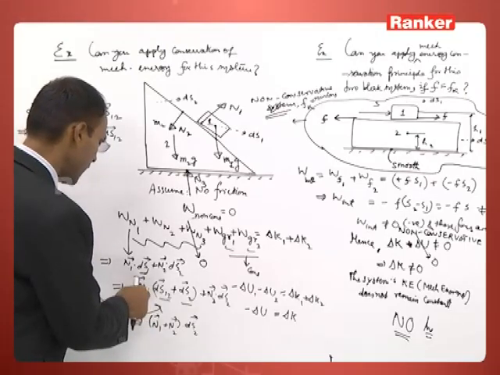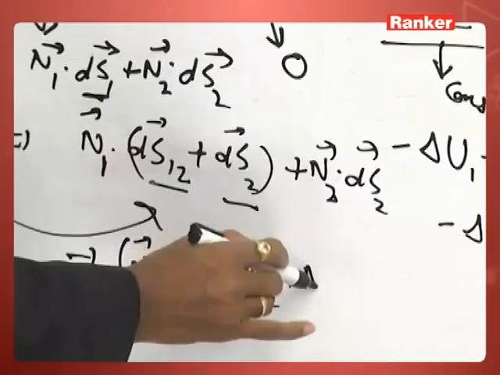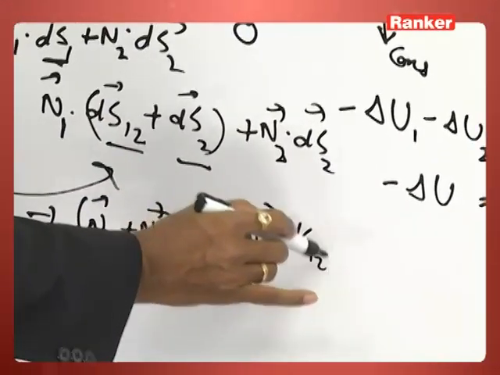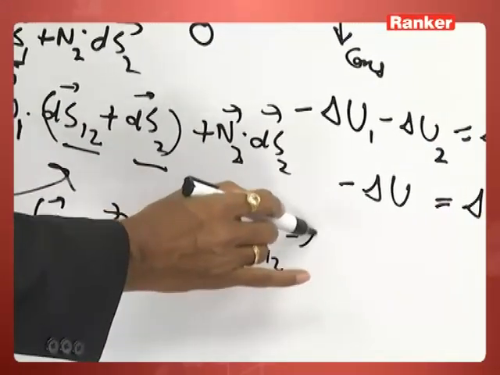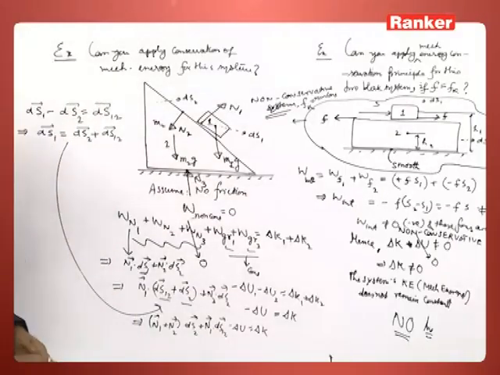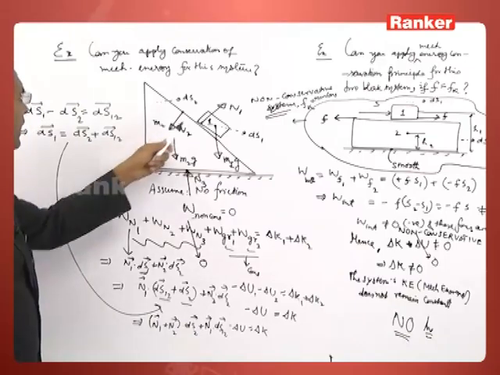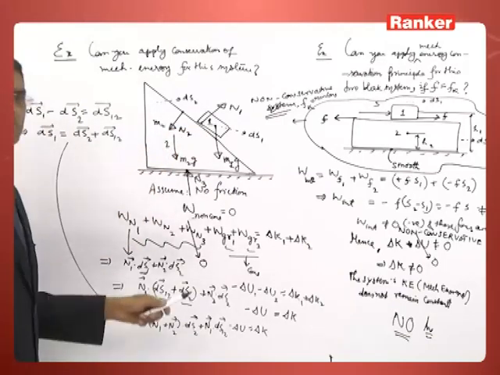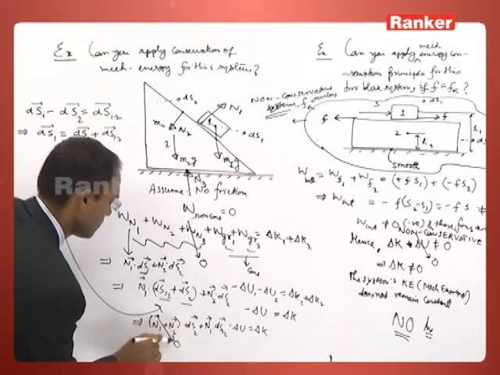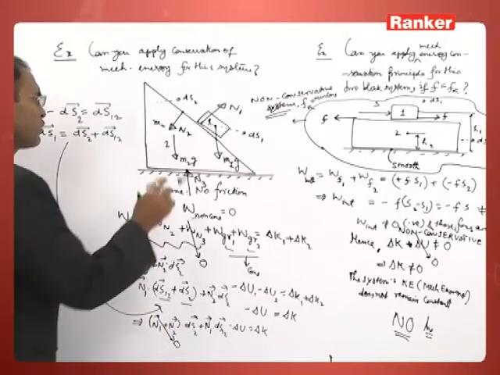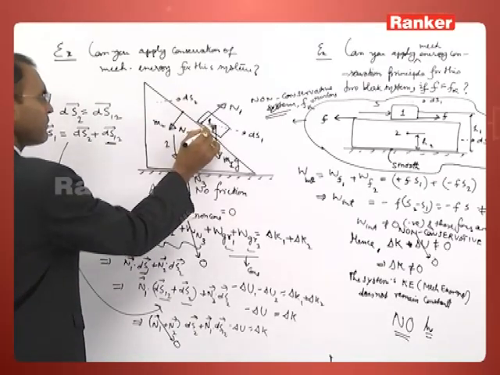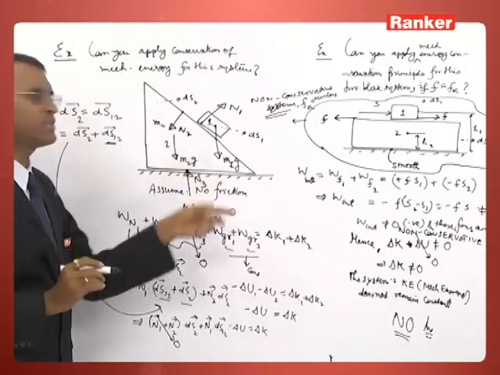In the first term, N1 dot ds12 minus del U equal to del K. You can note that N1 plus N2 is always equal to 0 because they are an action-reaction pair. And ds12, what is the physical significance of ds12? Displacement of block 1 with respect to wedge 2.